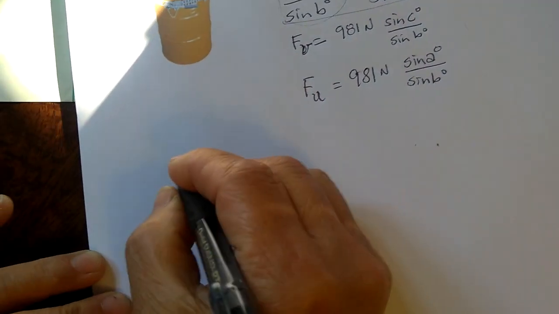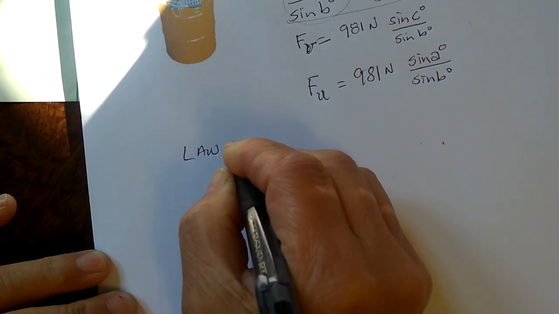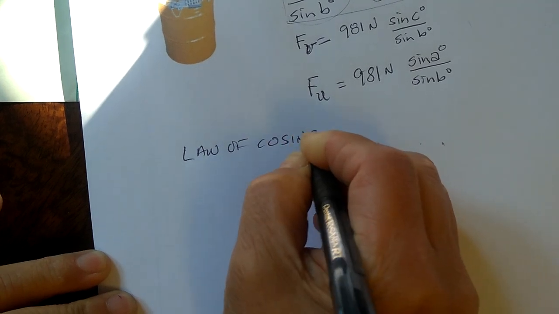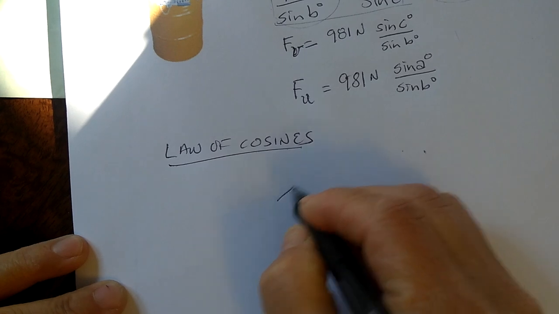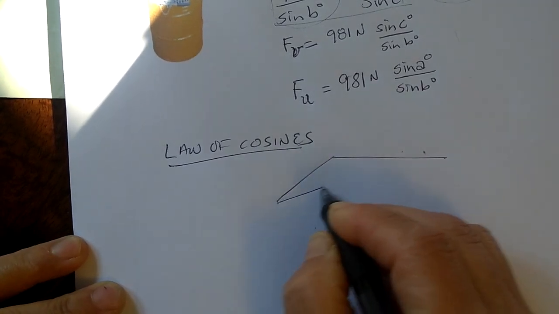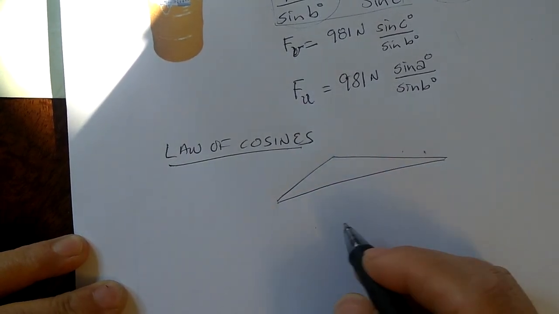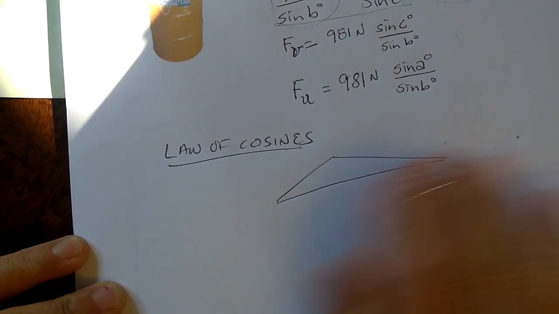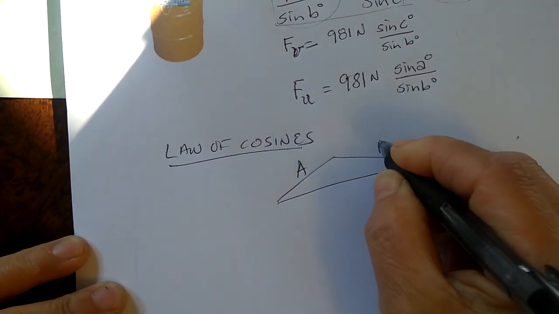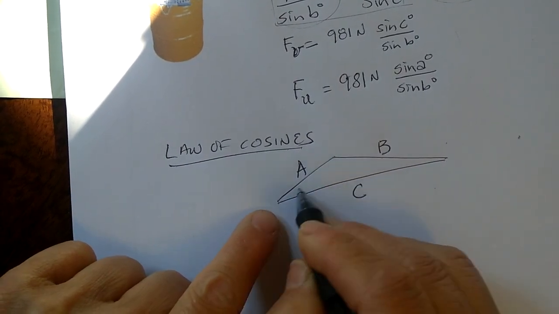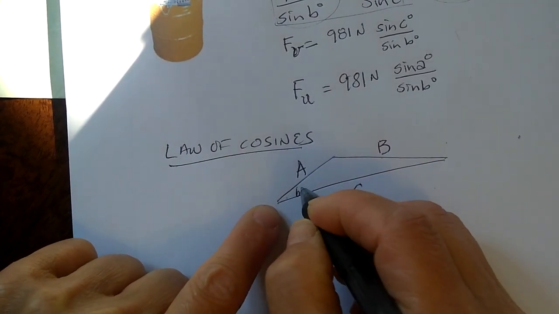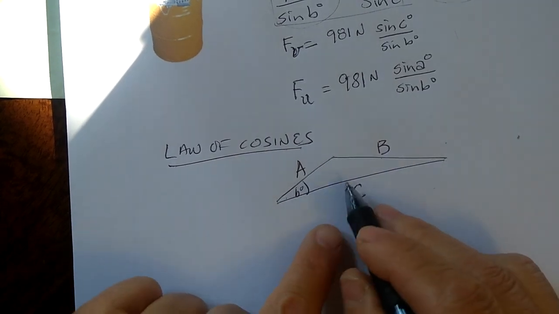Sometimes you'll have to use the law of cosines. So the law of cosines says if you're given some arbitrary triangle, and let's call the sides side A, side B, side C, and opposite of side B, we'll call it the B angle.